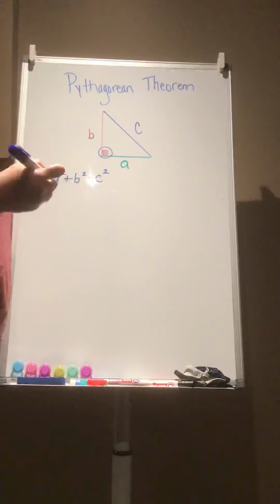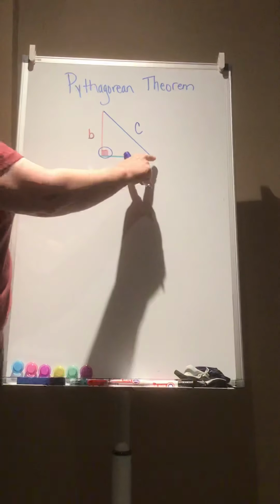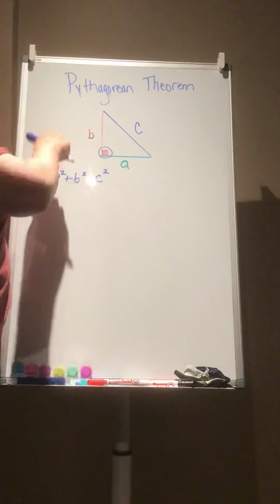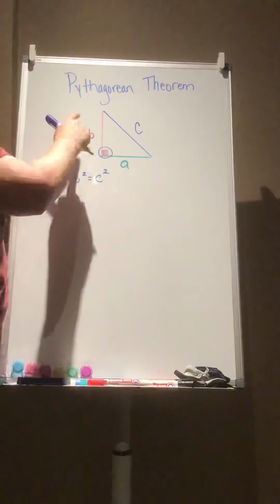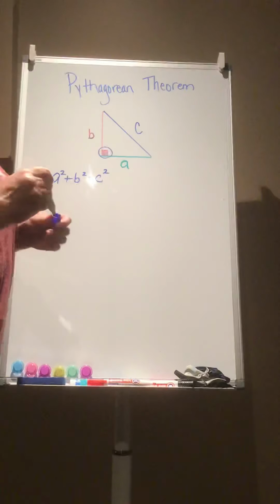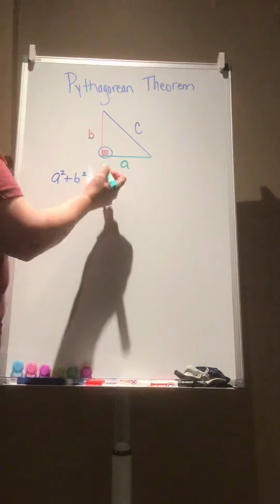Well, what the heck does that mean? It means that when we find the area of A and we find the area of B and we add them together, it would be the same as the area of C. You can see this in the Google Doc, but I'll sketch it out here.